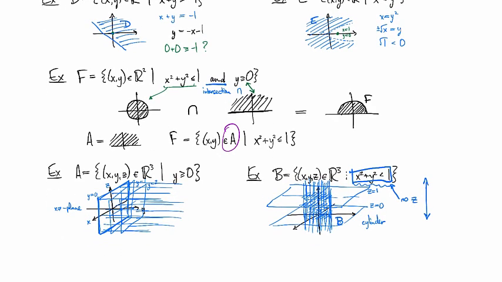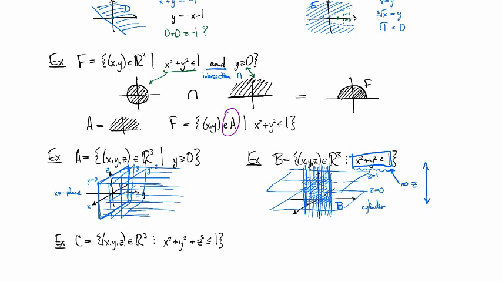And maybe one last example. Let's take C to be all the points that satisfy x squared plus y squared plus z squared bounded by 1. You probably recognize this from x squared plus y squared plus z squared equals 1, the boundary.